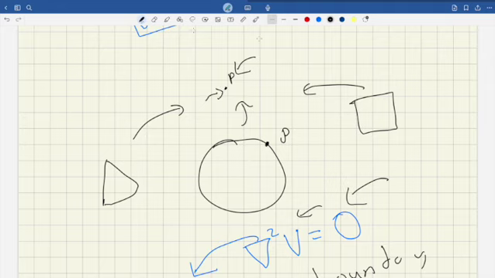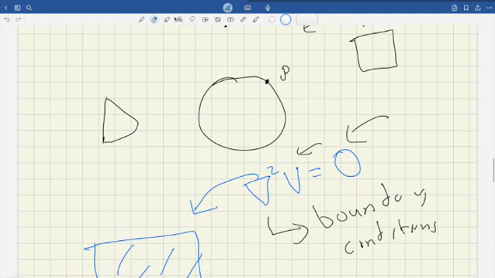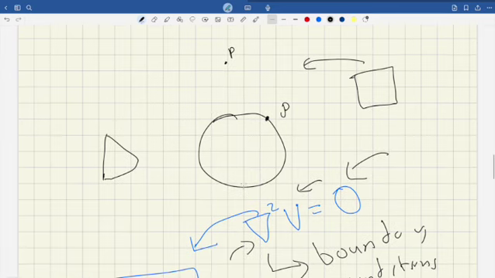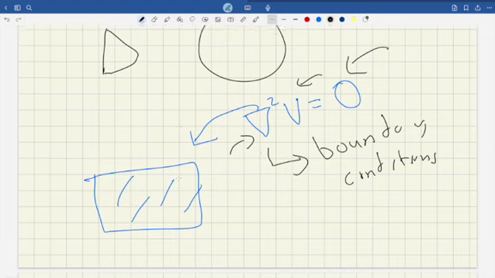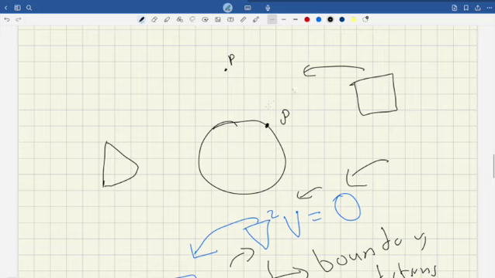We're looking at a region of space where the nabla squared of our potential field is 0, right? And that could be satisfied by just empty space where there's no charge anywhere and the potential field is 0 everywhere. It could also be satisfied by these conductors causing a potential at point P, right?